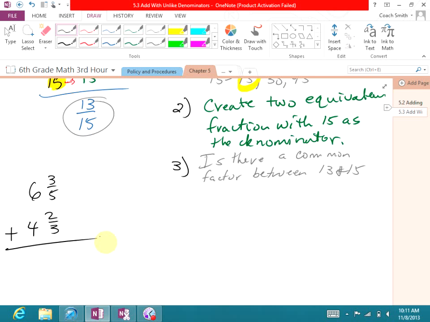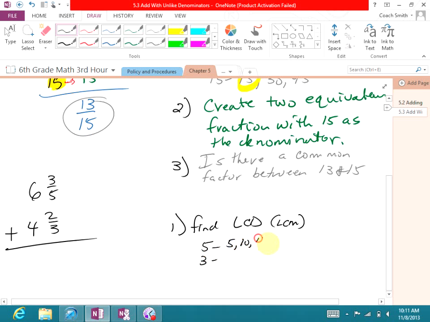All right, so step 1, find the LCD, also known as the LCM. So I have 5 and I have 3. So 5, 10, 15, 20, 3, 6, 9, 12, 15, 18. Well, there it is, 15.